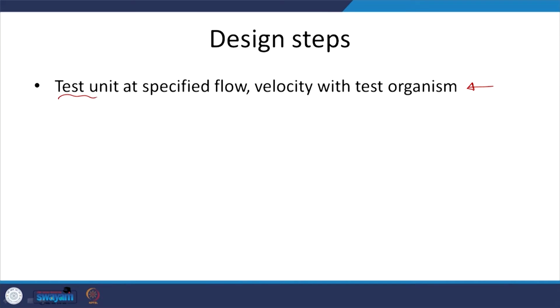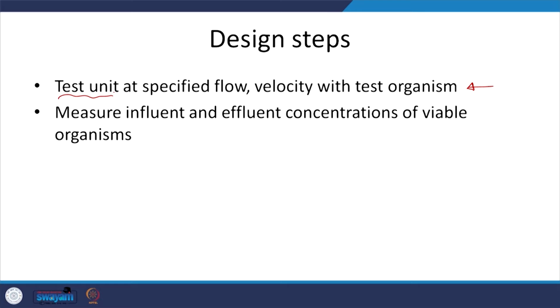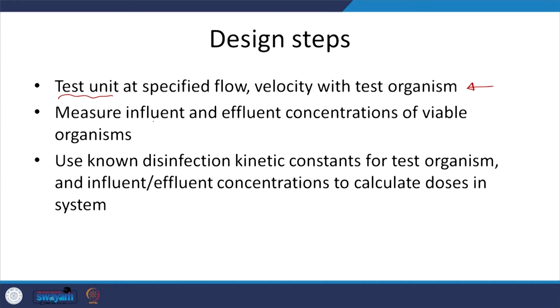So that's one thing. Why did I mention that? Because you want to test it on the unit with the relevant flow. Measure influent and effluent concentrations of the viable organisms. Use known disinfection kinetic constants for the test organism and influent and effluent concentration to calculate doses in the system. So obviously, what is coming in, microorganisms, what is going out, right?